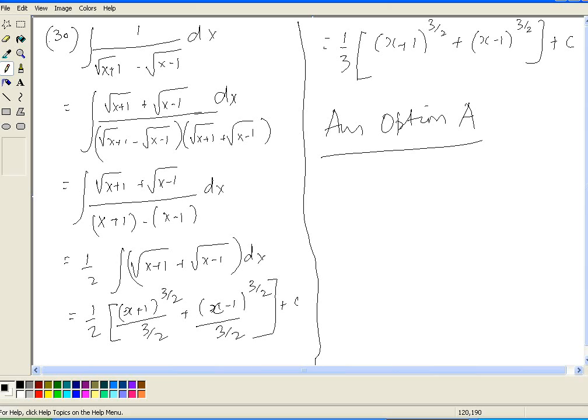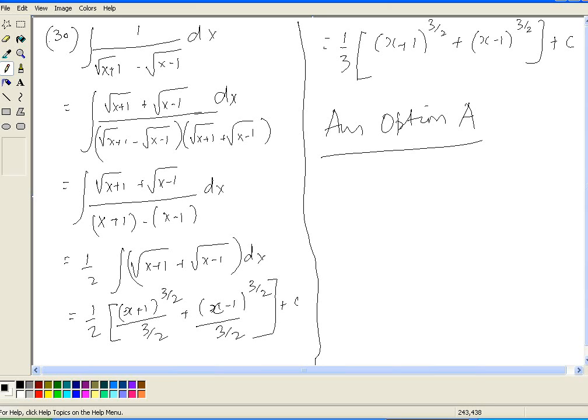We get root of x plus 1 plus root of x minus 1 divided by root of x plus 1 minus root of x minus 1 into root of x plus 1 plus root of x minus 1. The denominator would become x plus 1 minus x minus 1, which is 2, and the numerator would be root of x plus 1 plus root of x minus 1 dx. We take out the 2 and keep it as 1 by 2.